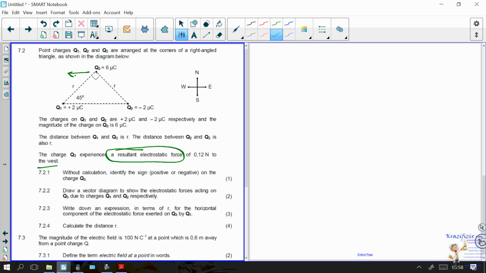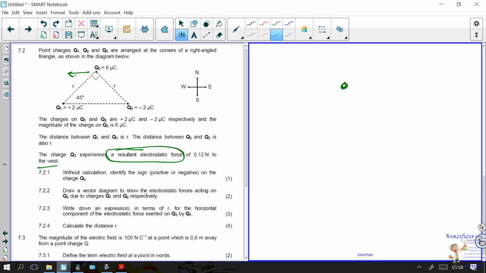Let's try to do this in a very simple way. We have Q3 here, and we don't know the charge. But one thing we know is that the net electrostatic force, F net, is here.